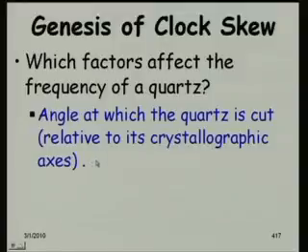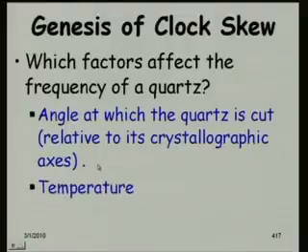So, you can't guarantee that two quartz crystals are cut at exactly the same angle. The temperature and the size of the crystal also matter. So, all these make the frequency vary widely, and even if you maintain the temperature the same at different locations, right, you keep them in the same room, still the clocks will diverge.